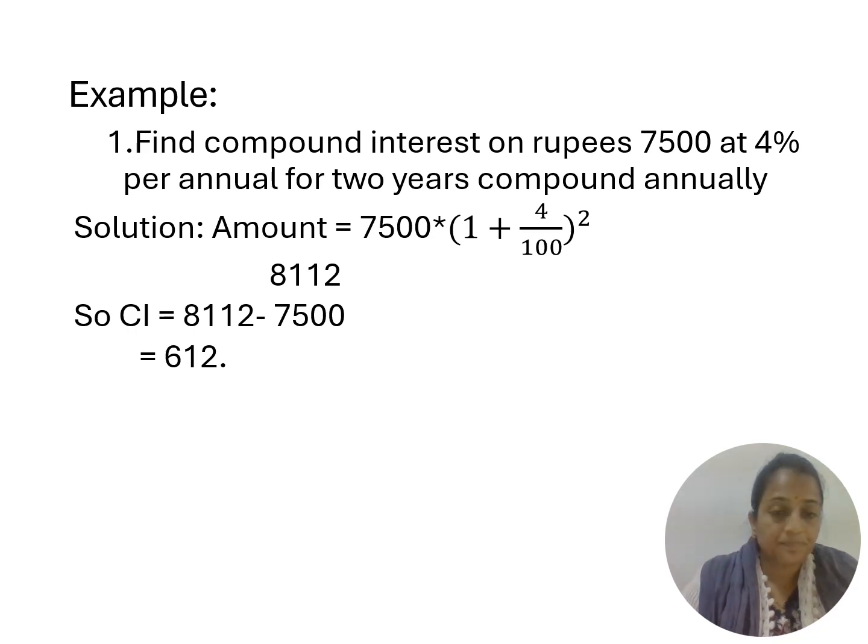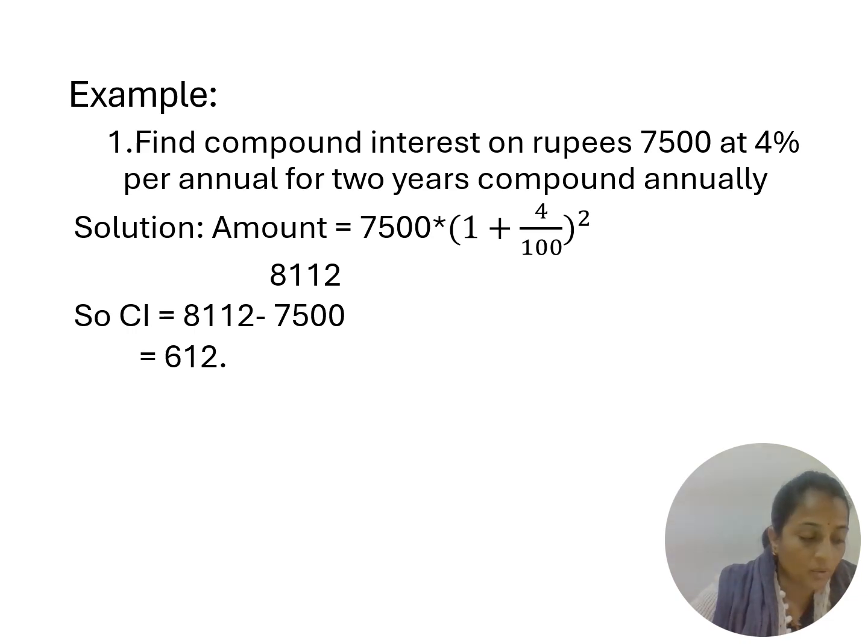And next, find compound interest on 8000 at 15% per annum for 2 years 4 months, compounded annually.